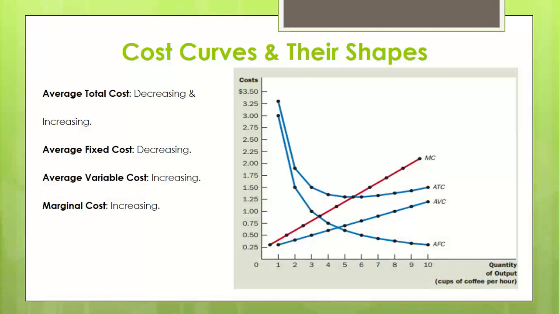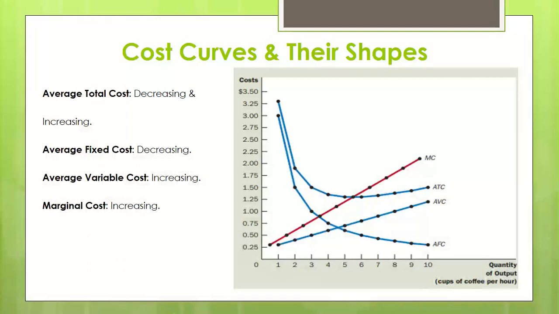At low levels of output, marginal cost is below average cost. If we see on the left side of this intersection point, we can conclude that at the lower level of output, marginal cost is below average total cost. So look, below this point of intersection, marginal cost is below the average cost curve.